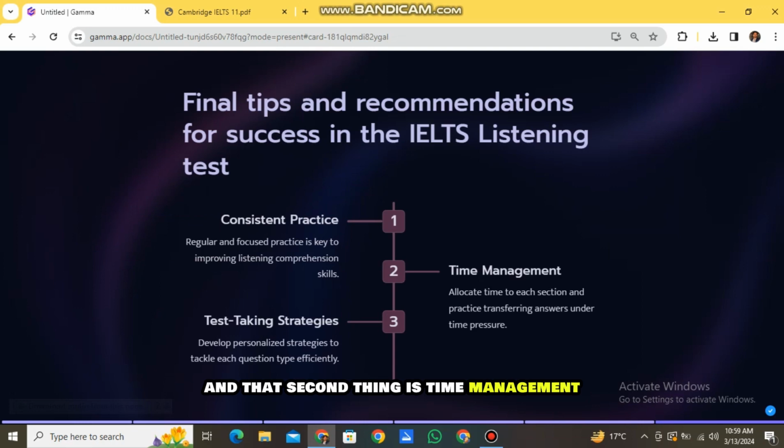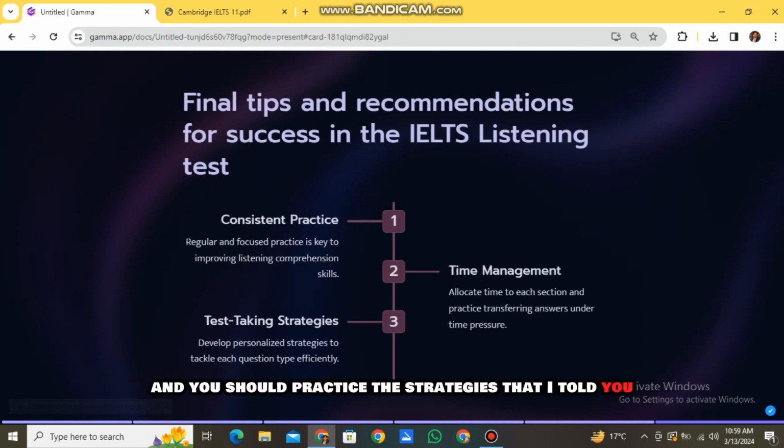And the second thing is time management. Time management is a problem for some students because we are very slow with their accent and with the speed of audio. So by practicing, by repeating the same thing, doing the same type of questions, we can overcome this problem.